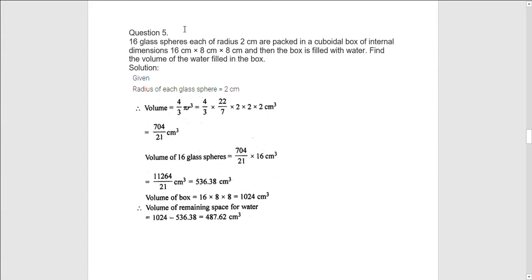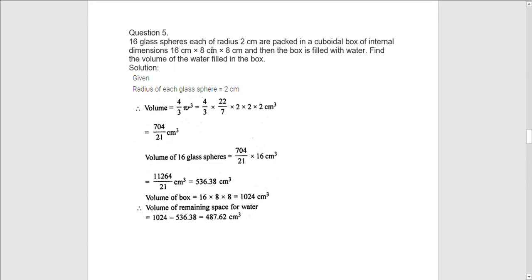It means these spheres, how many spherical glass? 16, and that is to be packed into cuboidal box. And what is the dimension of the cuboidal box? 16 L into B into H, and then the box is filled with water, and whatever the space is left, water is filled in. Find the volume of water.